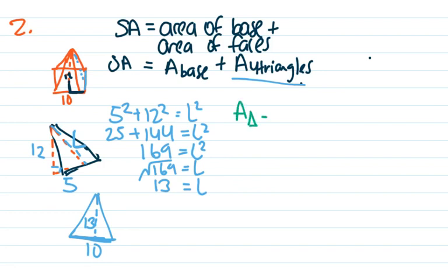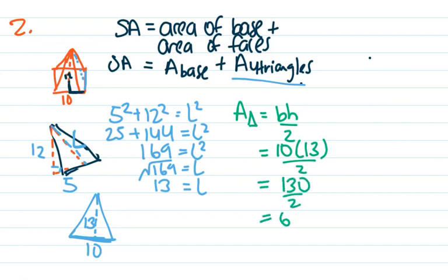So the area of one triangle is base times height divided by 2, where the base now is 10, the height is 13. Divide that by 2, so it's 130 divided by 2 equals 65. And then the area of the square base is just 10 by 10, so that's 100.